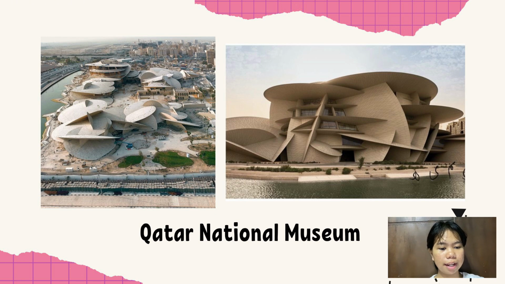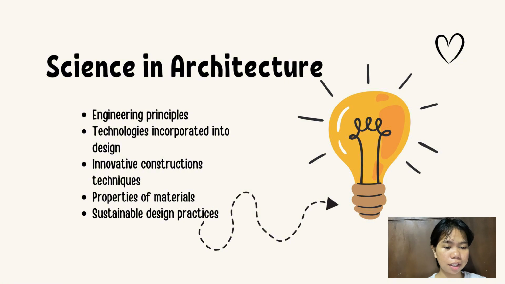So let's go on to the next, which is the science in architecture. It involves the engineering principles, the technologies that are being incorporated or considered in creating or designing the structure.